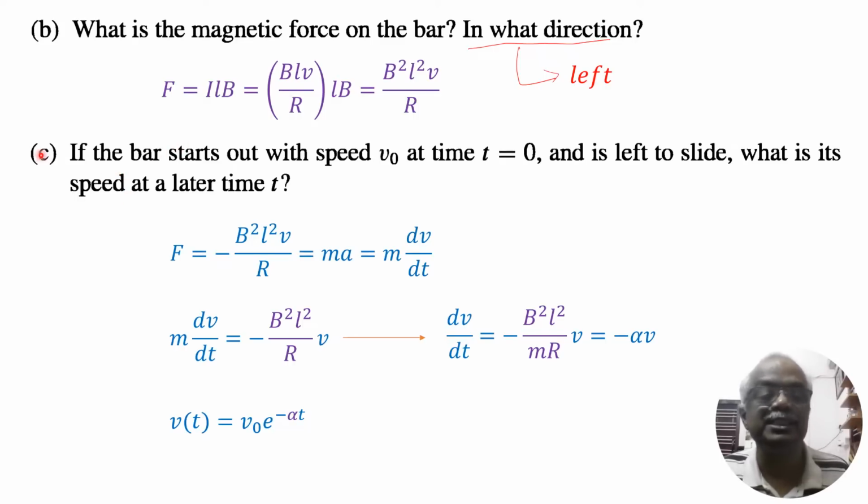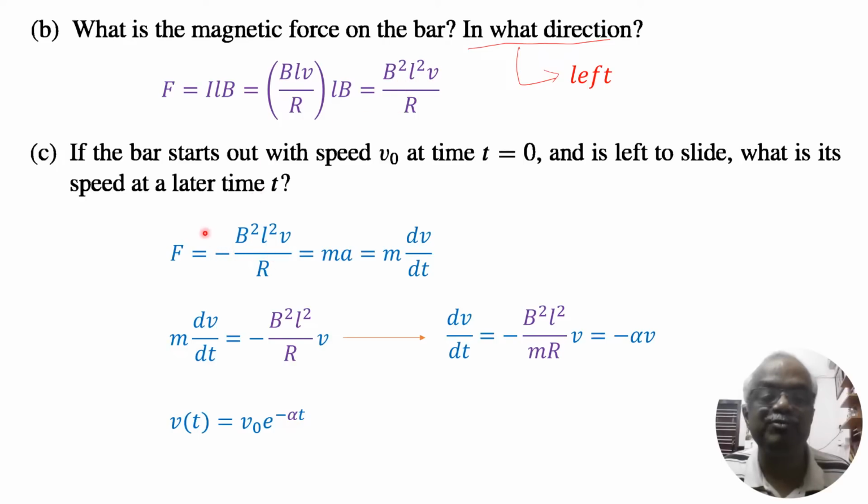Then part C: if the bar starts out with speed v naught at time t equal to 0 and is left to slide, what is its speed at a later time? We have to find the time dependence of the velocity. From part B, F is B squared L squared v over R, though here we have ignored the negative direction; the force is in the negative direction, so the minus sign indicates the direction.